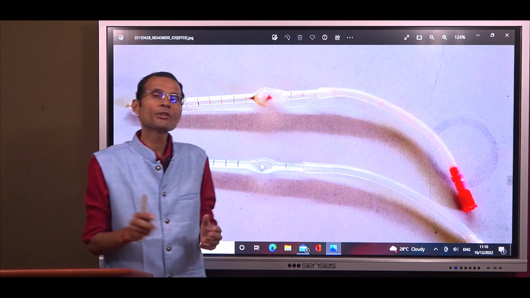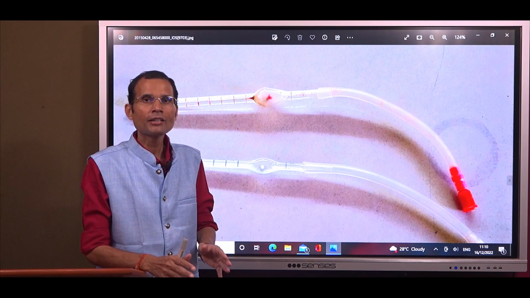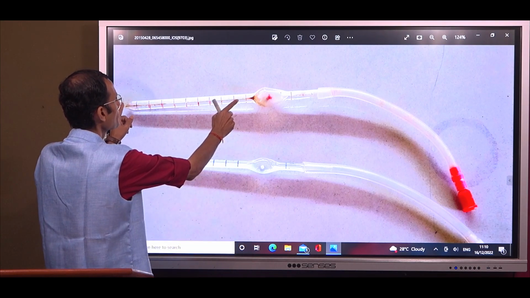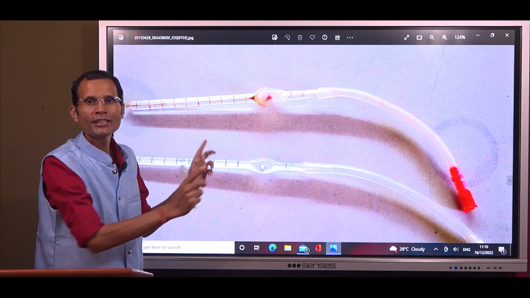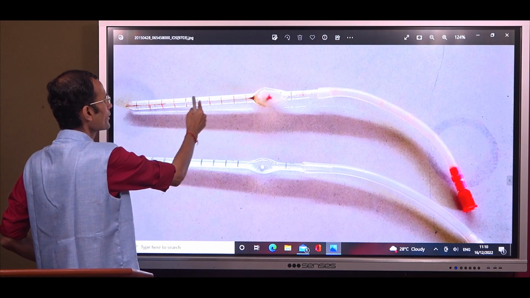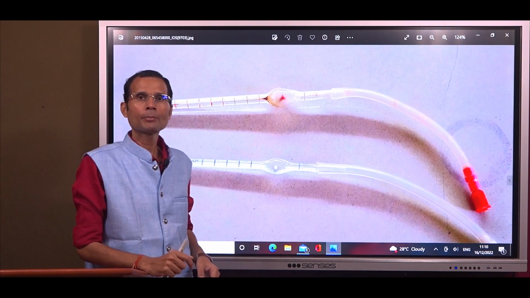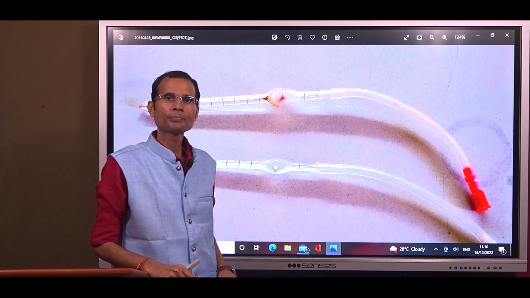And therefore, when you are going to use it, first discard 2 or 3 drops. The fluid in that portion should be discarded, and then the mixture will start coming out. So you can charge the Neubauer's chamber with that mixture.